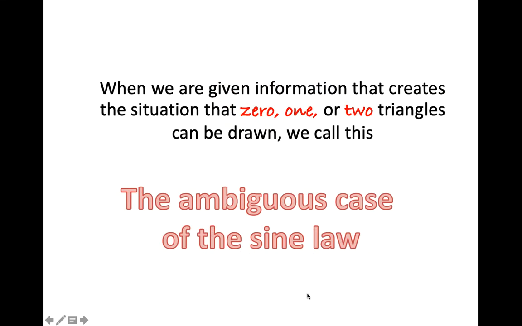First of all, just laying some rules so that you understand the ambiguous case. When you're given information, and I'll describe in a minute what that information is, that creates a specific situation, we call it the ambiguous case of the sine law when you're faced with the possibility that you could have 0 triangles, 1 triangle, or 2 triangles.